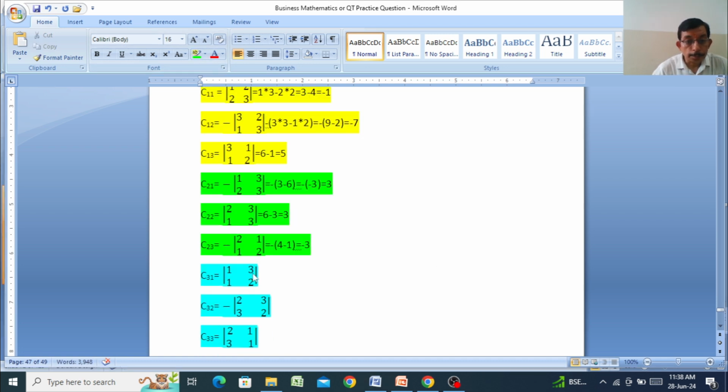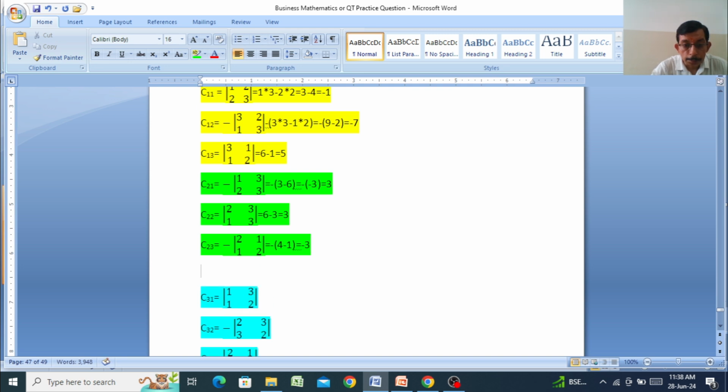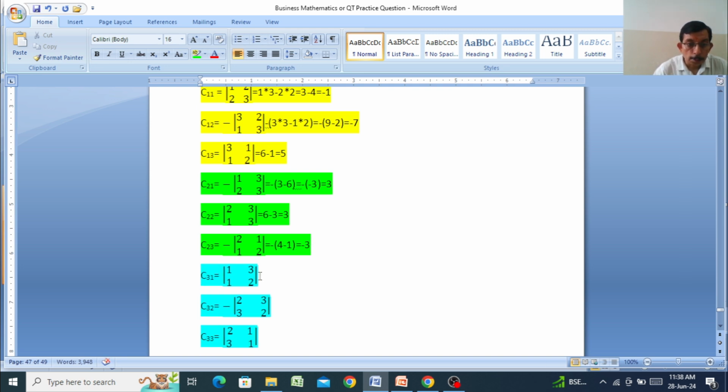Now the last row, C31 element: 2 times 1 minus 3 times 3, that is, 2 times 1 minus 3 times 1 times 3. The result is equal to minus 1.